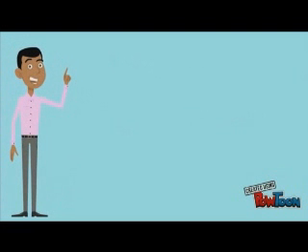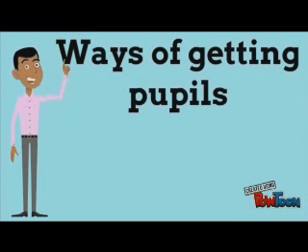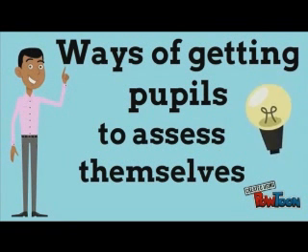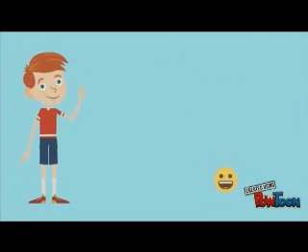Ways of getting pupils to assess themselves. When we talk about pupils assessing themselves, this means teachers and pupils are working in partnership. If pupils can learn to monitor and assess themselves, they will be more receptive to feedback and more aware of their needs.